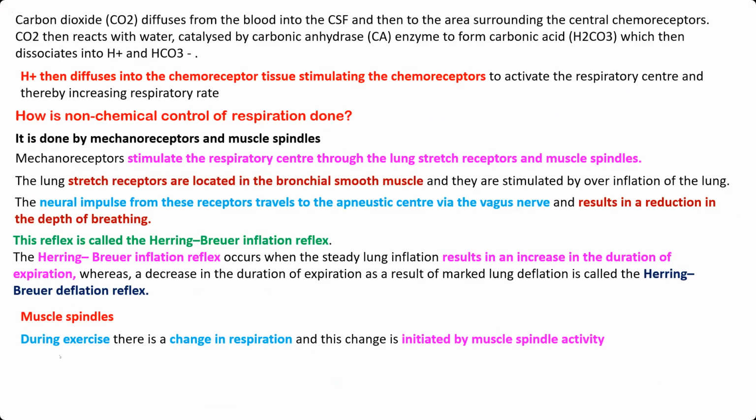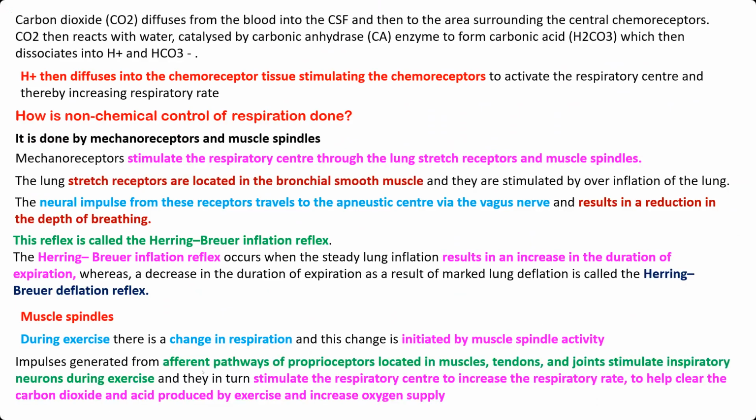Muscle spindles are also in charge of sending afferent impulses to adjust the respiratory activity. The afferent pathway of proprioceptors located in the muscles, tendons and joints stimulates inspiratory neurons during exercise and stimulates the respiratory center to increase the respiratory rate and help clear the carbon dioxide and acid produced during exercise.